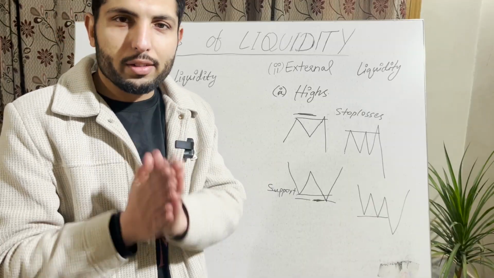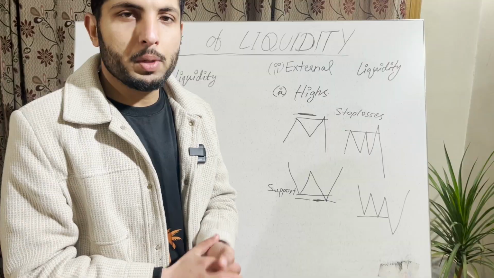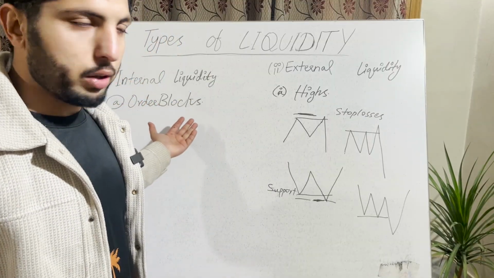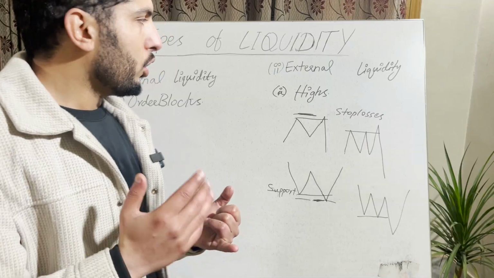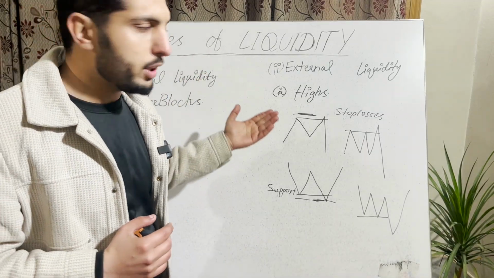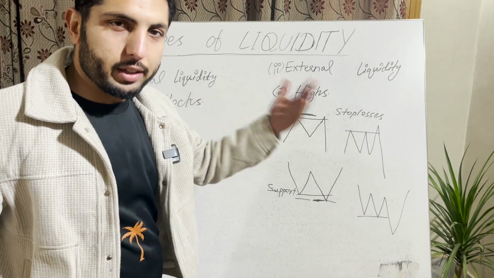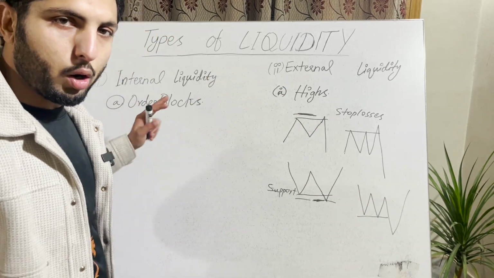So if you want to understand what an order block is, there are tons of videos on YouTube on the topic of order blocks. But in this video, we are specifically talking about the types of liquidity, which are internal and external liquidity, and how many further types we have in these two types. So the first one is order block.